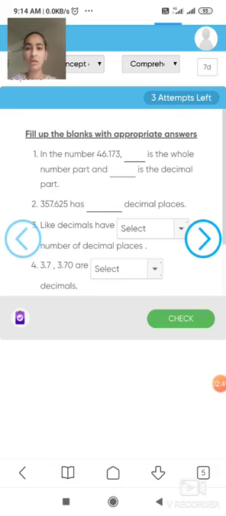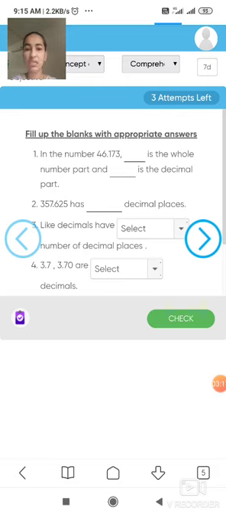The digits before the decimal point, that means 46, are called the whole part. And after the decimal point, whatever digits are there, those digits are called the decimal part. So the decimal part of this is 173. Understand this?